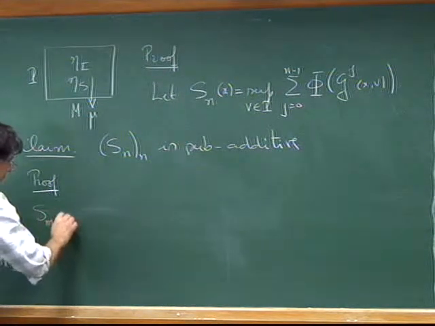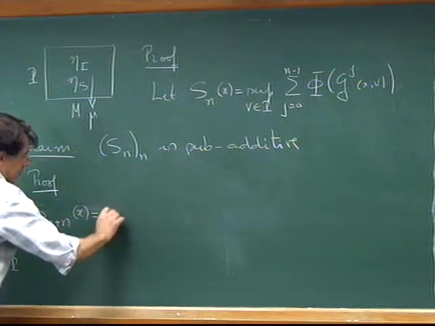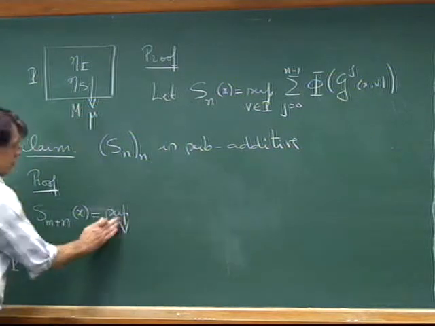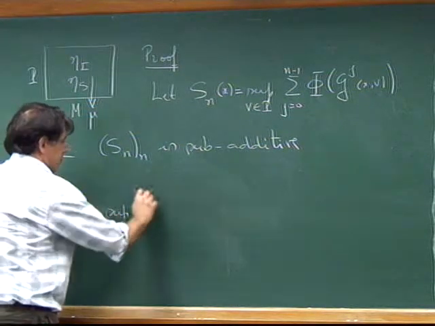S_{m+n} of x is the sup over v in P of the sum.